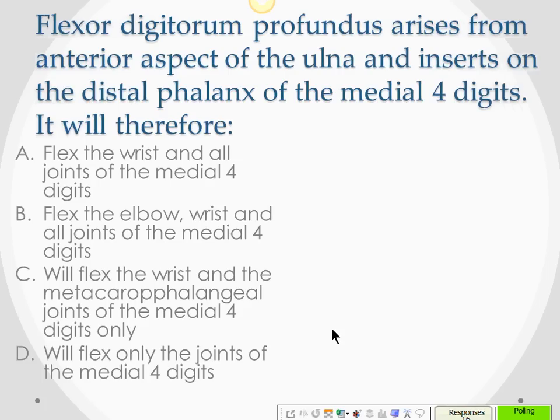So think of what joints it's crossing and then choose your answer.